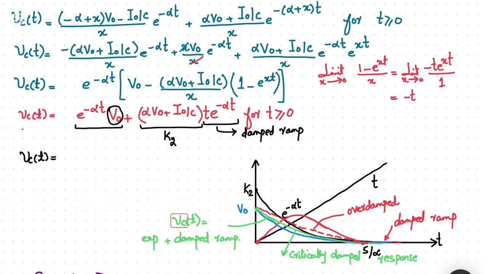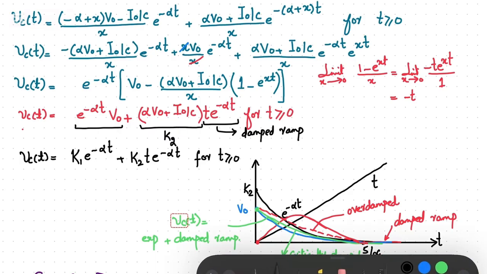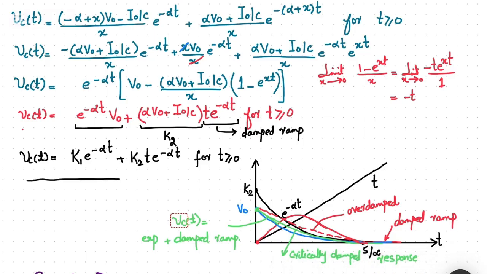Because this value is constant, v naught, we can represent it by k1 and write it as k1 e raised to power minus alpha t, plus the constant part written as k2 into t e raised to power minus alpha t, for t greater than 0. This is a simpler and better equation to remember while calculating the response.